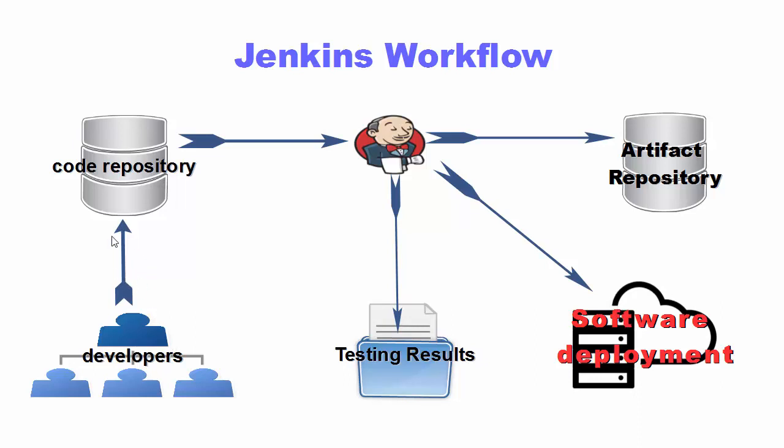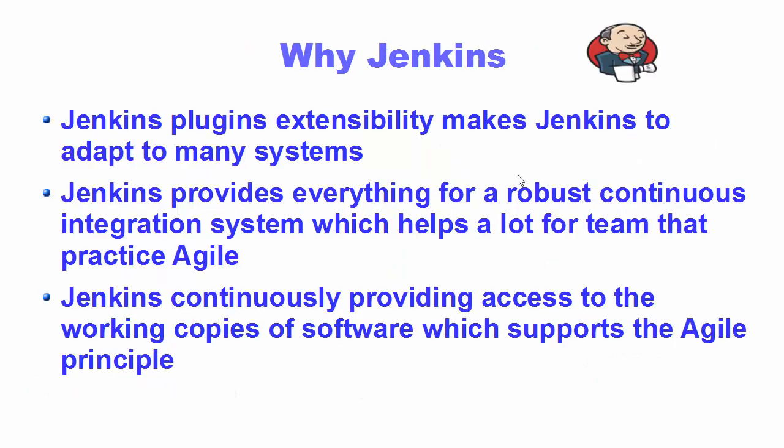So here the code is committed, and then at a regular interval Jenkins tests the repository, runs the tests on that code, and if everything is successful, it's going to create the executable, and then save that executable in your artifact repository, or deploy your code onto some other server.